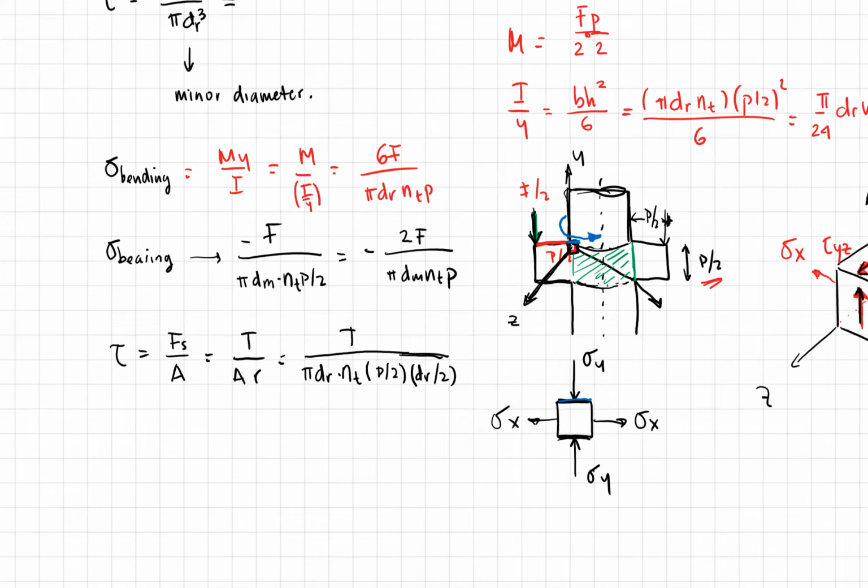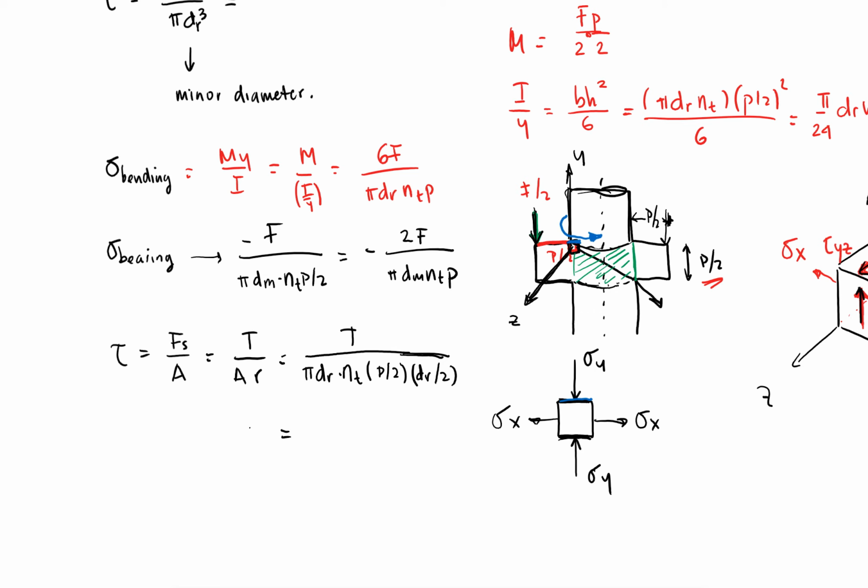So that one, if I reorganize it, the shear would be a minus 4. Well, this is all negative, supposed to be like the rotation, 4T over pi, from these two 2's, and then all these terms in the denominator, pi dr squared and tp.